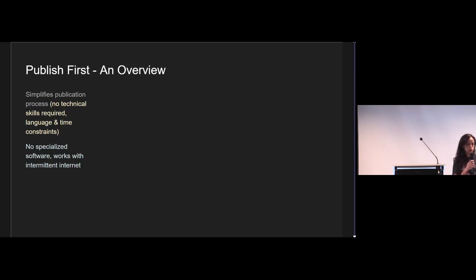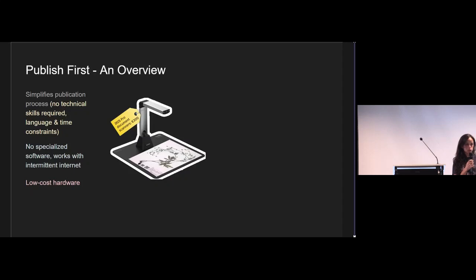It should work with intermittent internet. And we also used low-cost hardware. We used these €300 document scanners. And sure, they don't give the same results that a professional camera setup does, but they do give good enough results to be able to do quite a lot of fine detailed analysis and work.